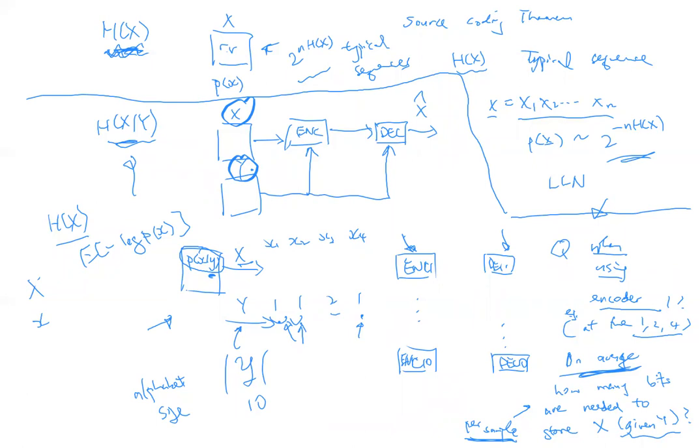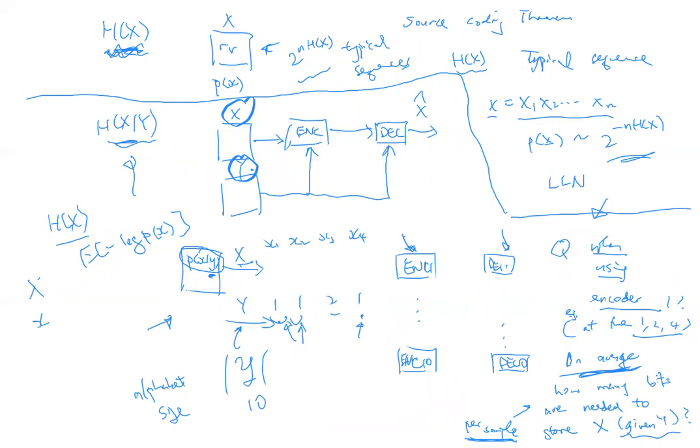So I assume that you have a little bit more understanding of H(X) now. And again, H(X) is just the amount of information of random variable X, and more precisely, how many bits are required on average to store X losslessly.